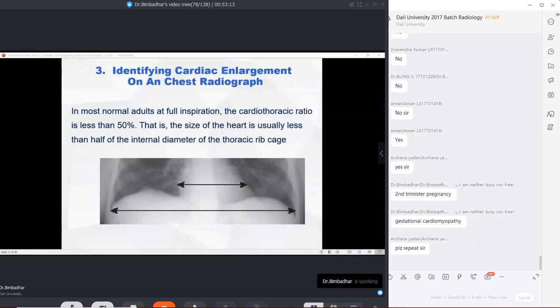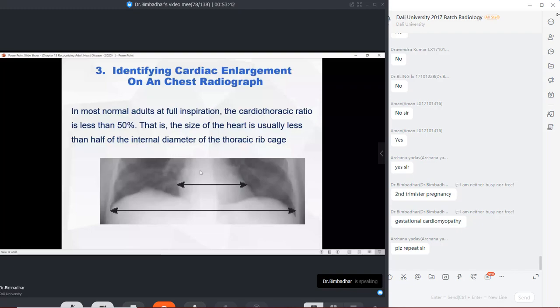See here, you have to remember for measuring cardiac enlargement, two conditions. One, it should compulsorily be taken on a PA view. Two, it should be taken at full inspiration. Why? Because expiratory films and AP views will cause, even if there is no actual chamber enlargement, the radiograph to look as if there is a chamber enlargement.